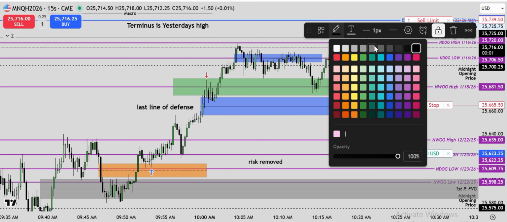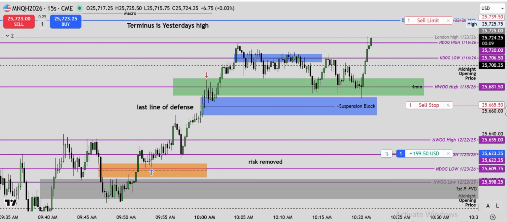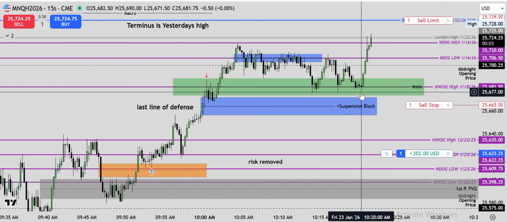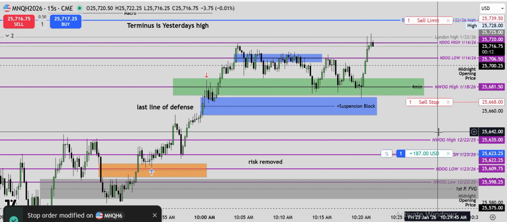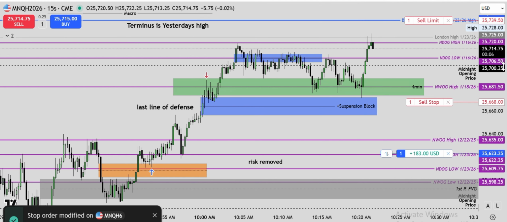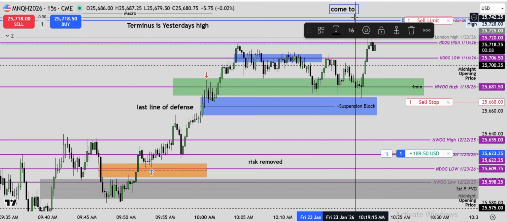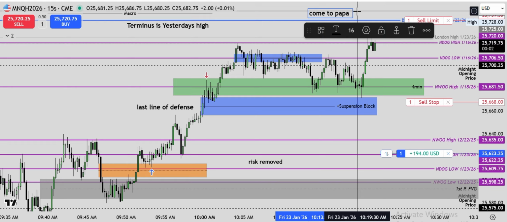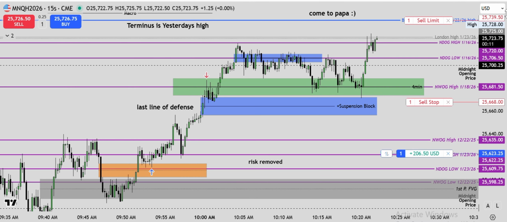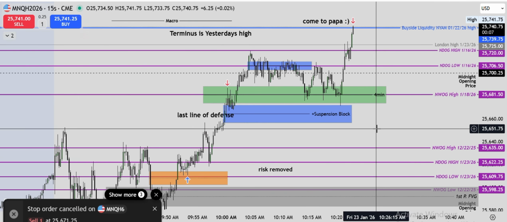I'm pretty certain that that suspension block won't get revisited. We're now above new week opening gap high. We have taken out my initial London high target terminus, and now I just come to Papa, because, you know, that's just me. And booked, baby. That's how we do it.